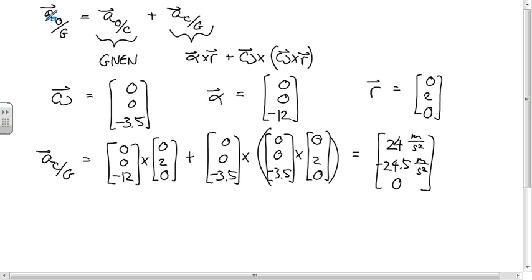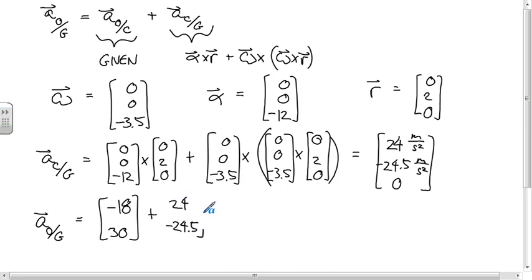And finally, we can use the relative motion equation. So the acceleration of the object relative to the ground is equal to negative 18, 30 plus 24, negative 24.5.